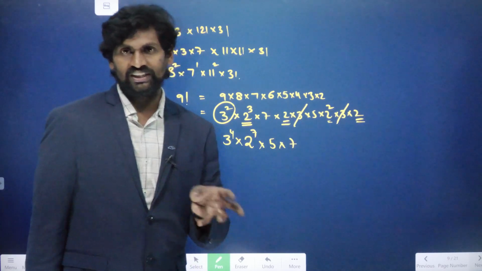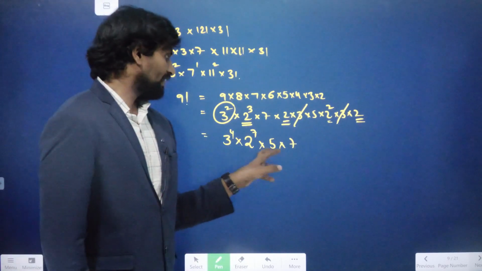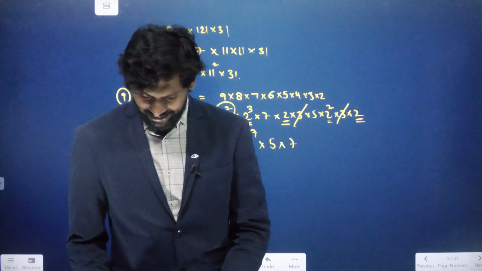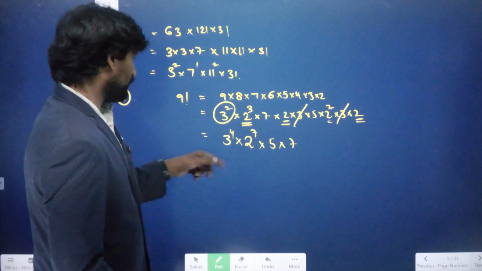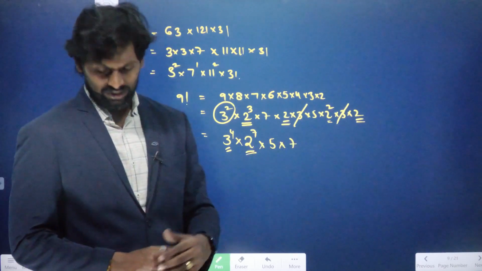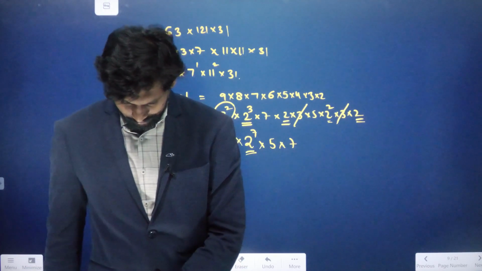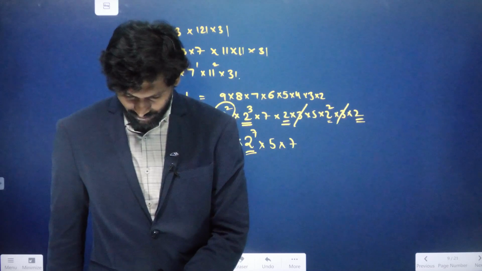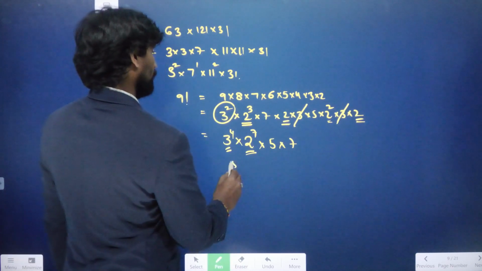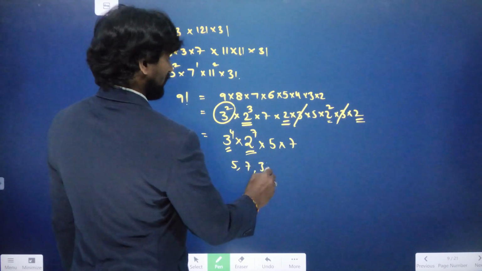So 3m plus 2 or 3m plus 1 format we are getting 5 and 7. Here 2 and 3 are not in the form of 3m plus 2. So the 3m plus 2 format has 5 and 7 only. So the factors may be 5, 7, and 35. 35 also will come. 5, 7, 35 also will come.